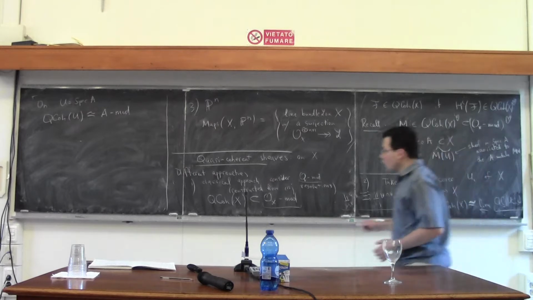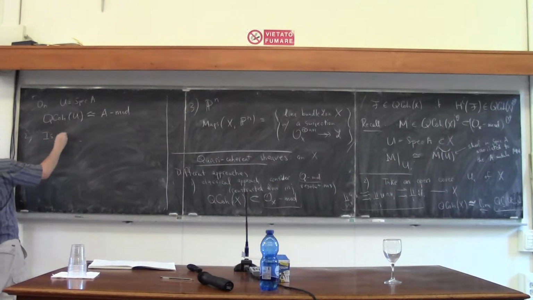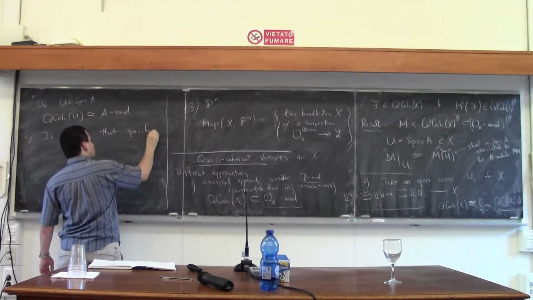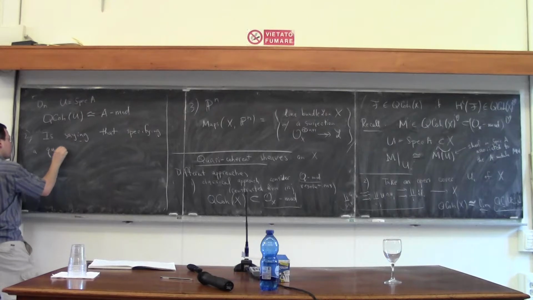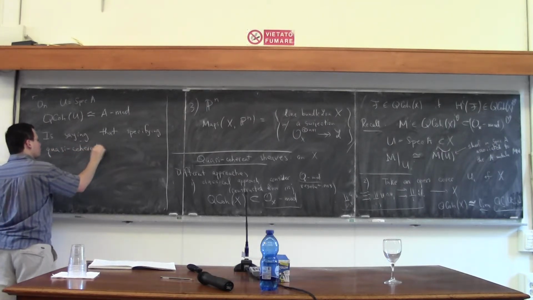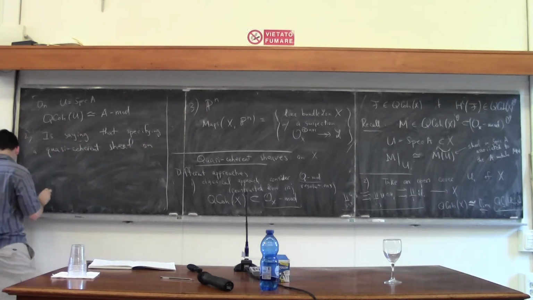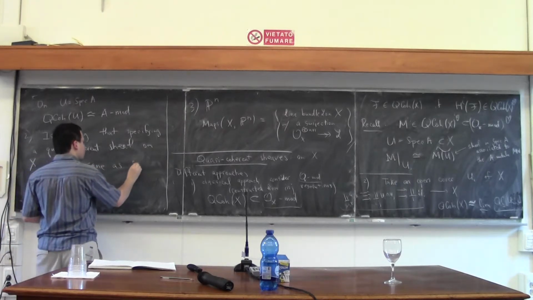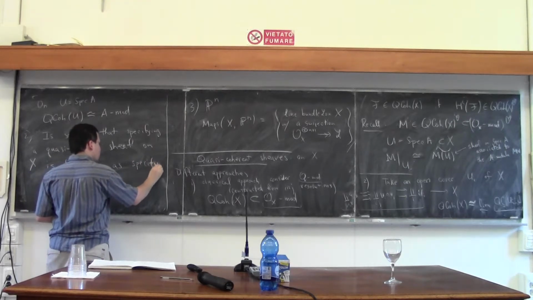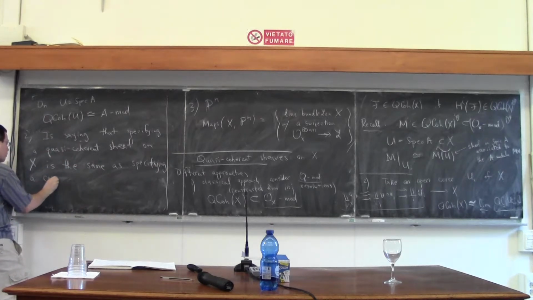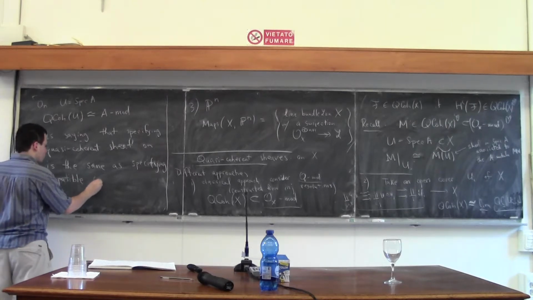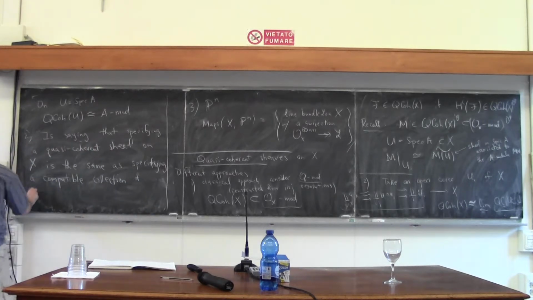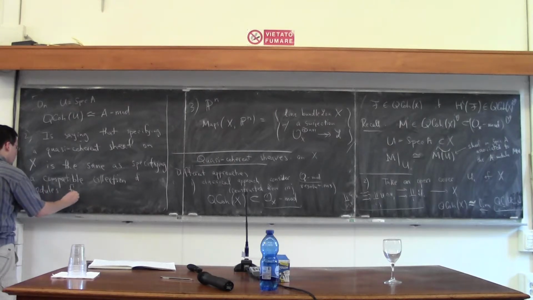So 2 is saying that specifying a quasi-coherent sheaf on X is the same as specifying a compatible collection of, I guess, modules for an open cover.